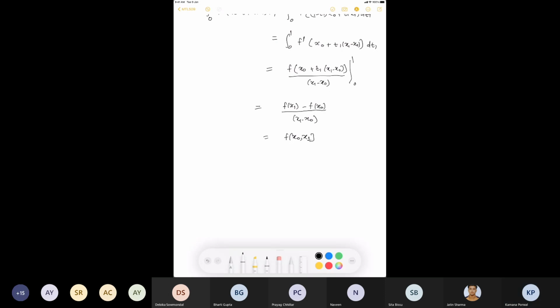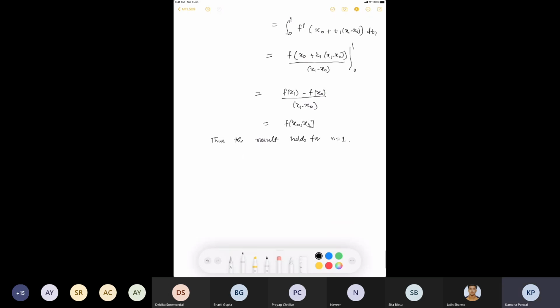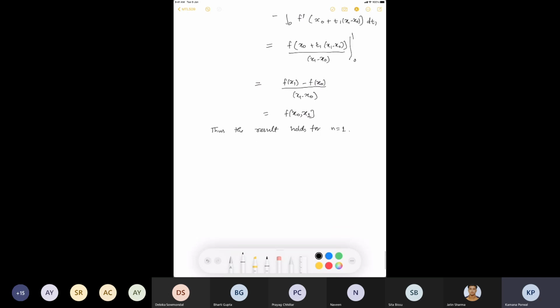Thus the result holds for n equal to 1. So now what we have to do? We will assume that the result holds for the case n equal to k, and we'll try to prove it for n equal to k plus 1.